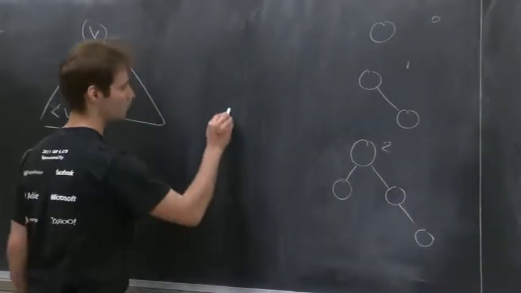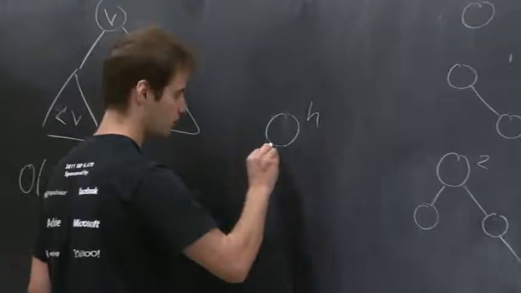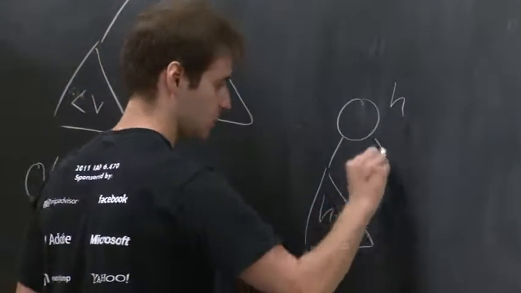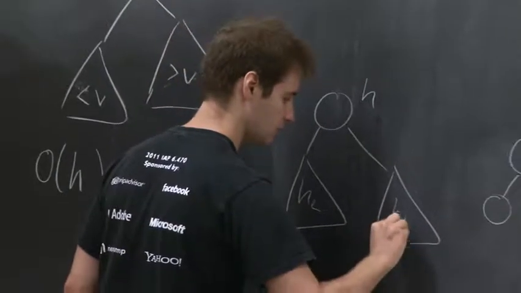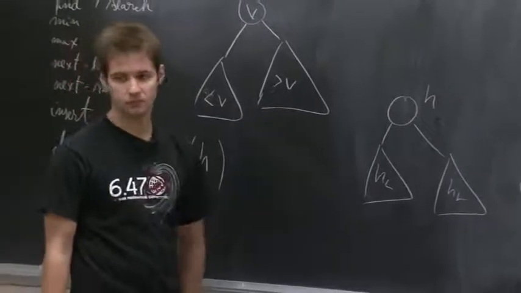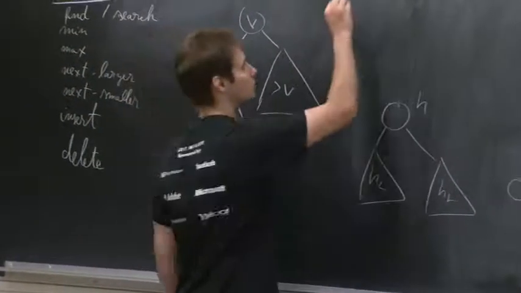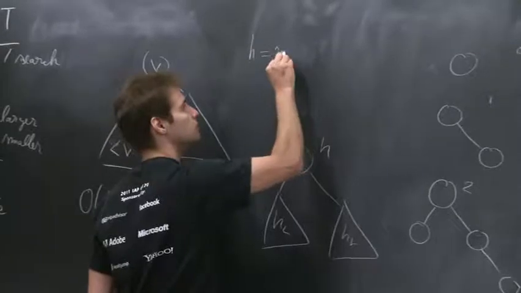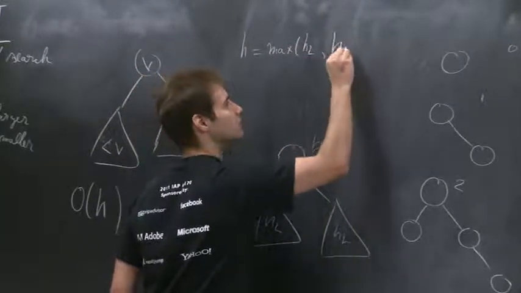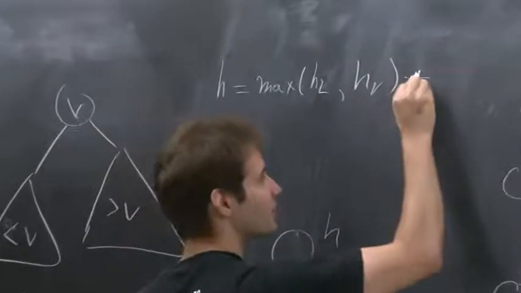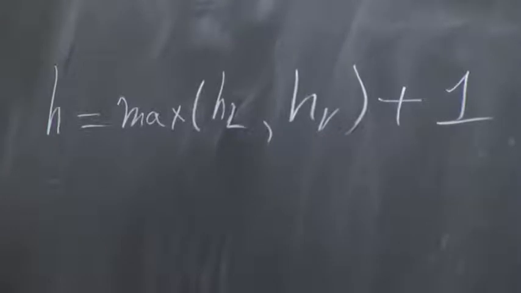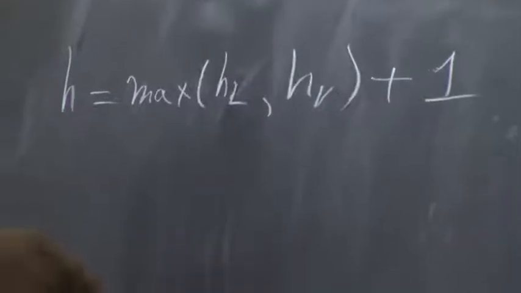Okay, so now for a more general case where this is the height, and the height of my left subtree is HL, the height of my right subtree is HR. What's H? So it's the maximum of HL and HR plus 1. Nice save. I heard a +1 somewhere there. All right. Very good.